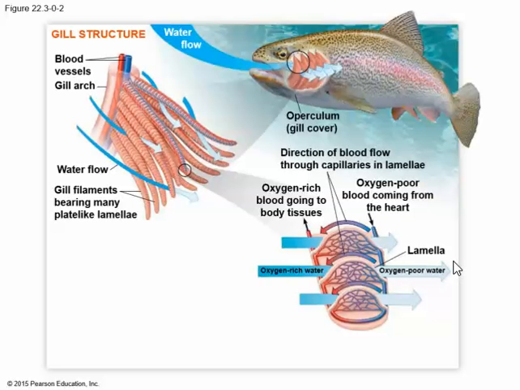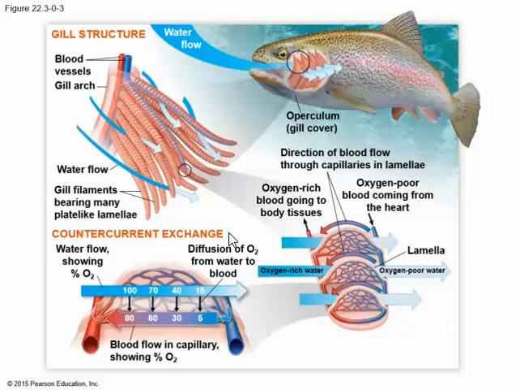At the same time, oxygen-poor blood is coming from the heart towards the oxygen-rich water. So this is what we call a countercurrent gas exchange. It speeds up the process of getting the oxygen in there and getting rid of the carbon dioxide. That's the significance here.